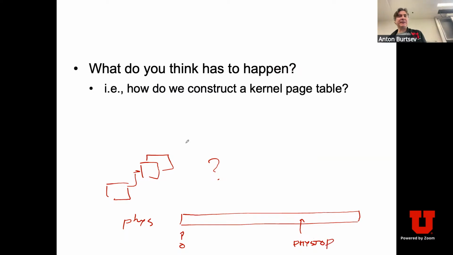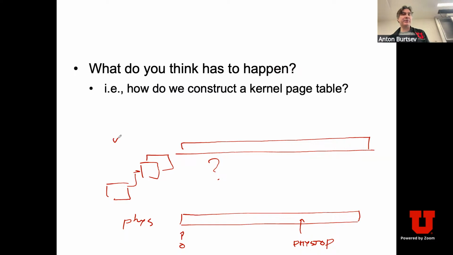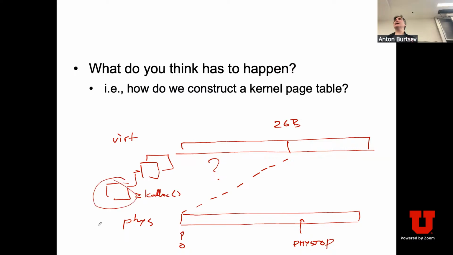And our goal is to construct an address space, a virtual address space, right? So with this page table, we will be mapping some pages from virtual to physical. We say that this 0 will be mapped exactly at 2 gigabytes because we want to shift it with a 2 gigabyte shift. So roughly speaking, constructing a page table is exactly kalloc a page for the root, right?